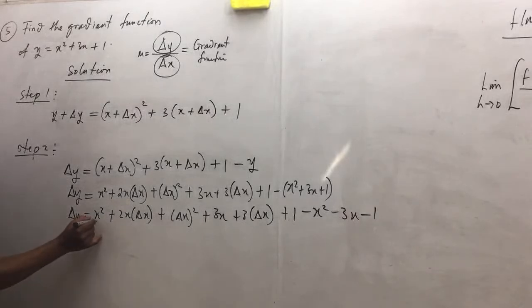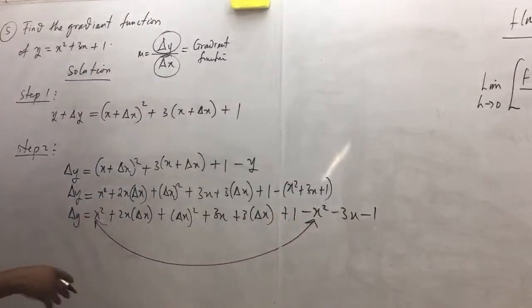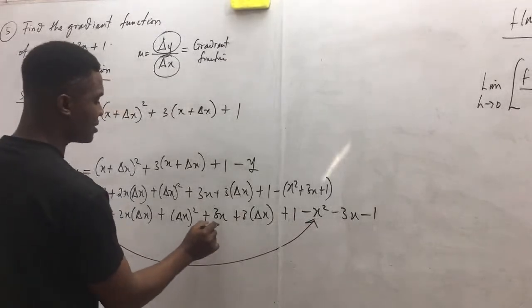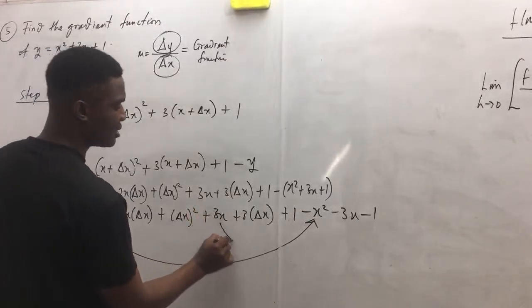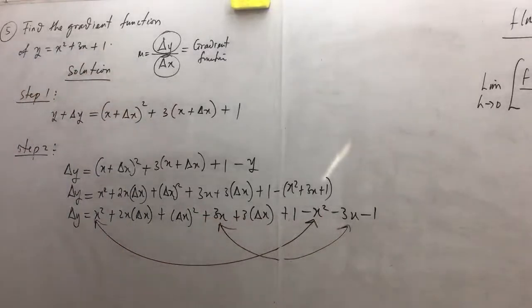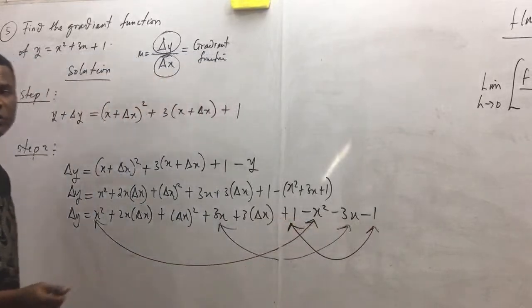Now take note that this x squared minus x squared gives 0. And another thing that will cancel is 3x minus 3x will give you 0. And then 1 minus 1 will give you 0.